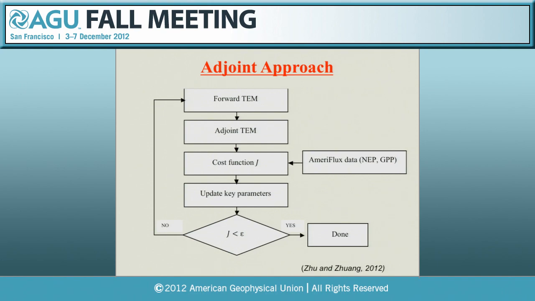Again, I don't have time to elaborate on how it is technically done, but the key idea is to efficiently calculate the gradient, in terms of the sensitivity of fluxes to parameters, and then use that information to further constrain the parameter values by considering the flux data.